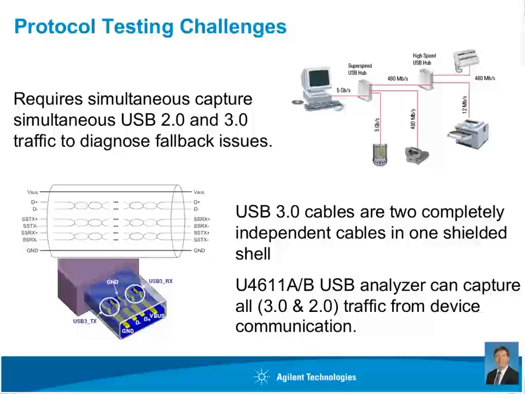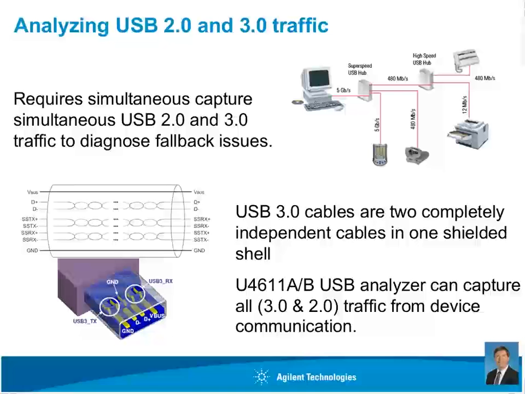When you're looking at USB, as Jim said, there's the 2.0 specification and 3.0, and there are some significant differences. But on a given link, you have the 2.0 communication channels, but you also have the 3.0 full duplex, or full simplex, full unidirectional communication going on at the same time across that link.